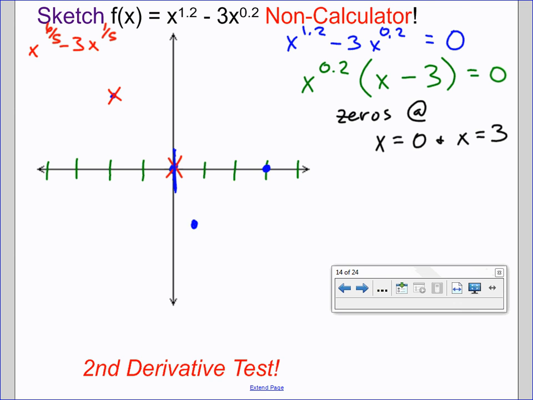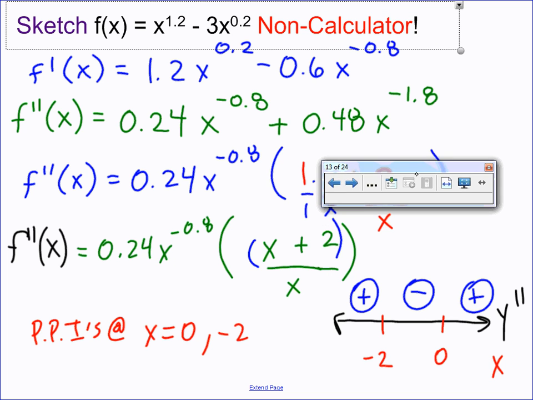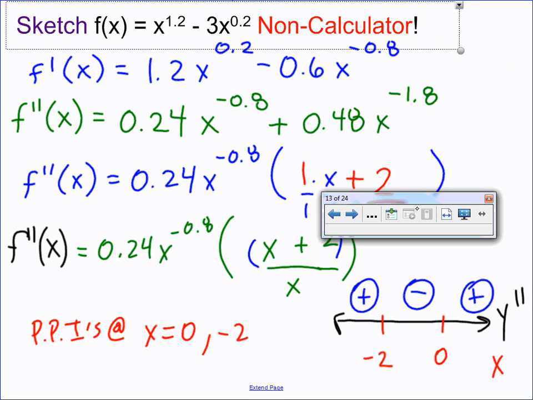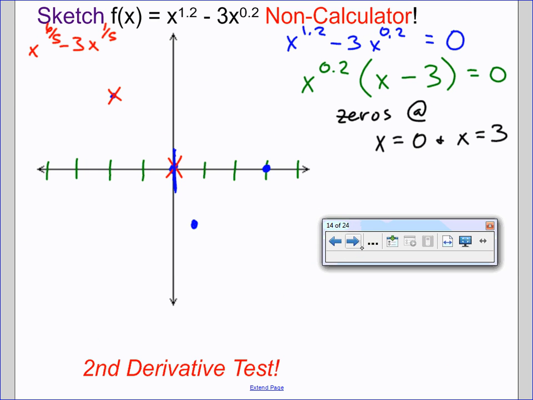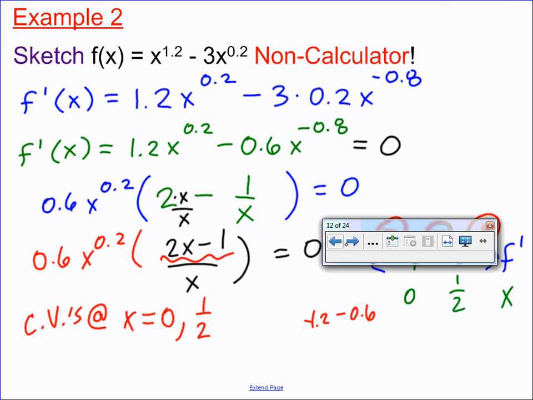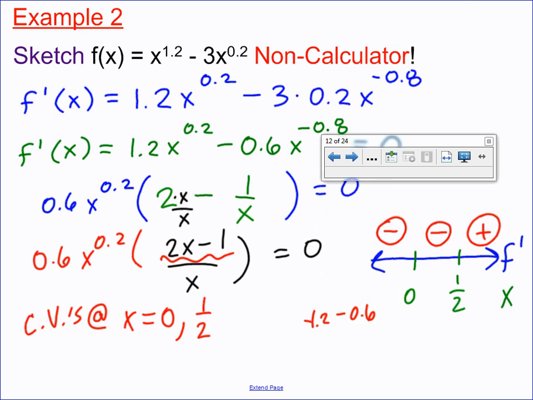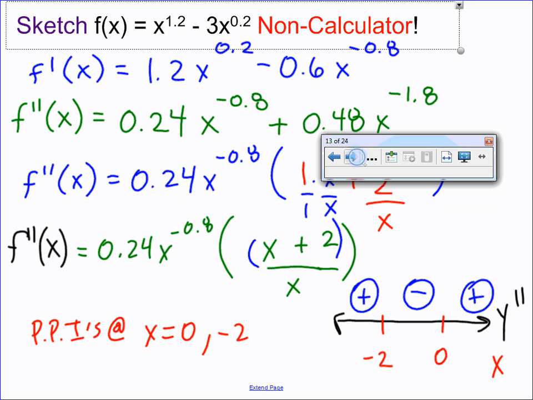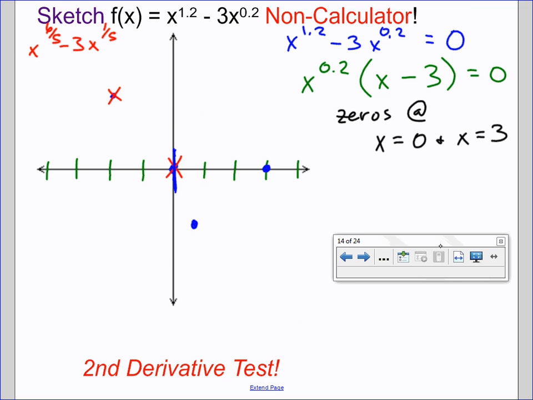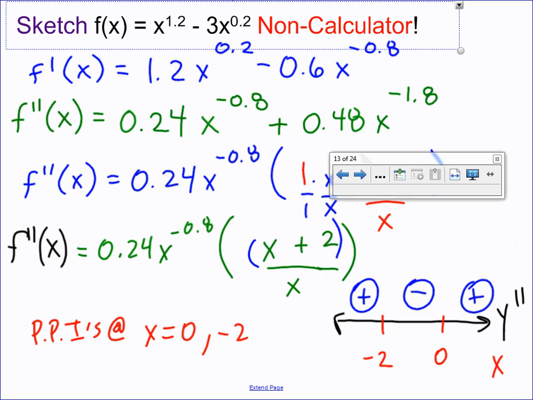All right. Concave up, decreasing, concave down, decreasing, vertical tangent, minimum at x equals 1/2, increasing, 0 at x equals 3, and concave up after that.